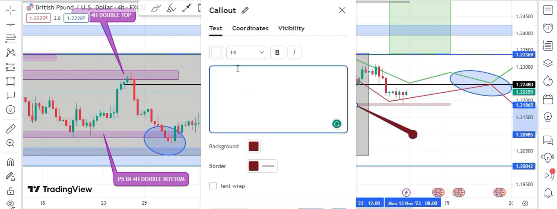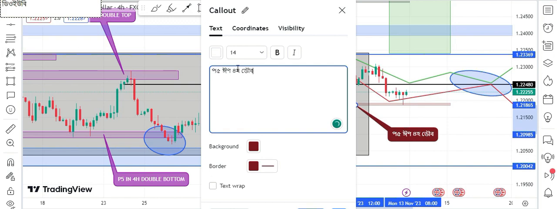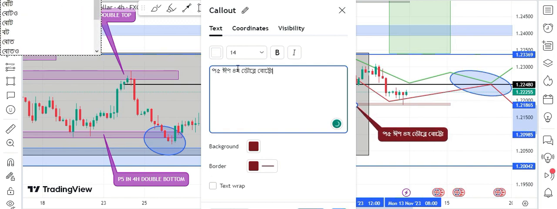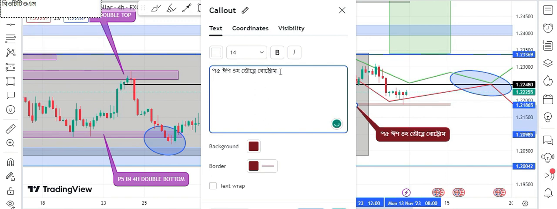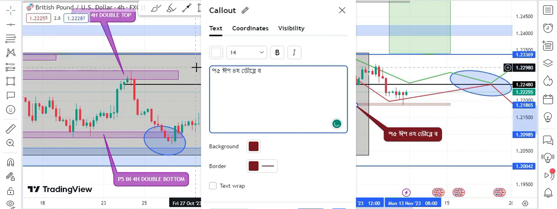So this is P5 in FOREX, and it is double bottom. It's very clear here that, let me write it in English so things will be very easy to understand. P4 double bottom in FOREX.